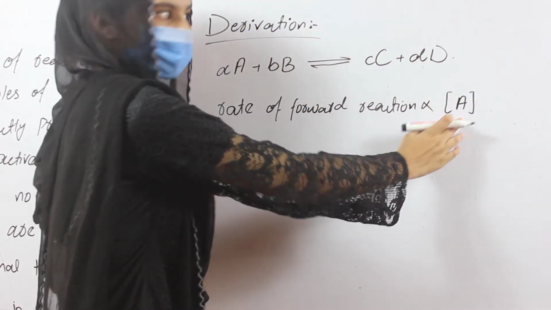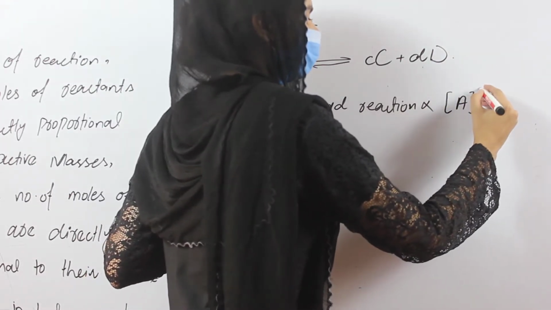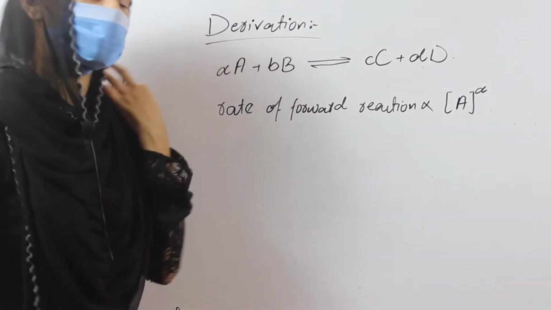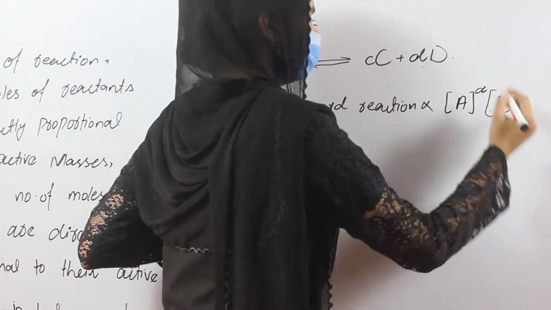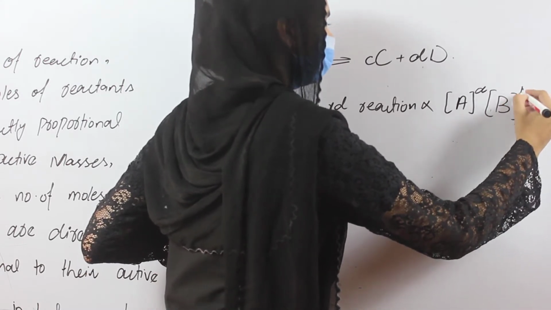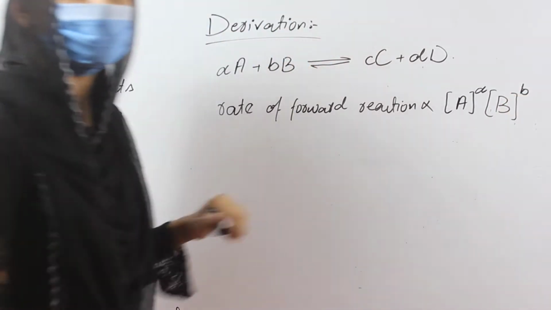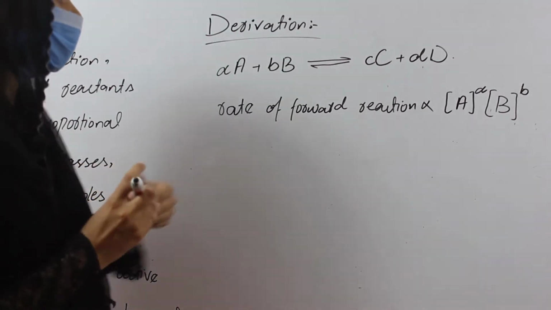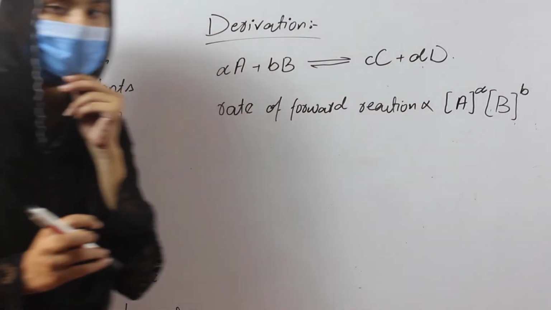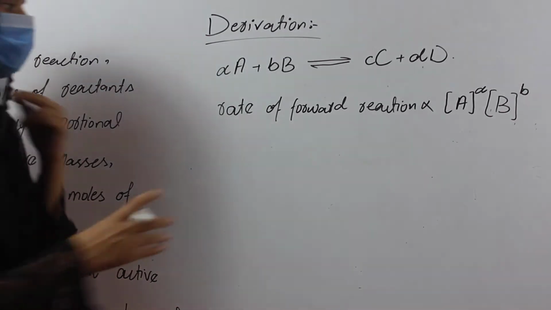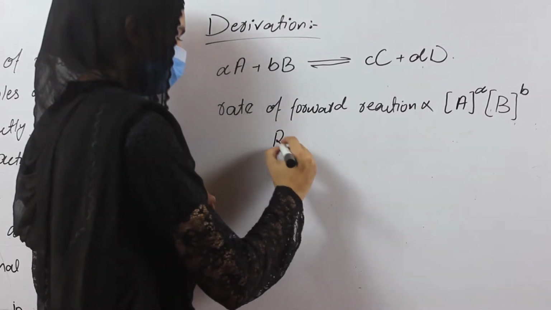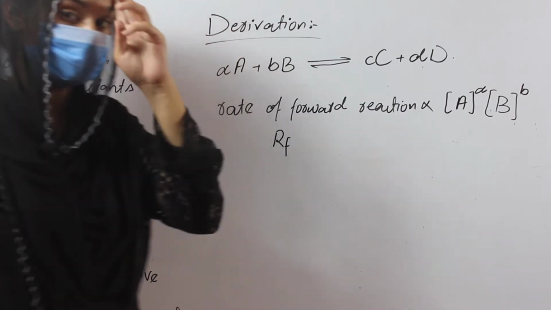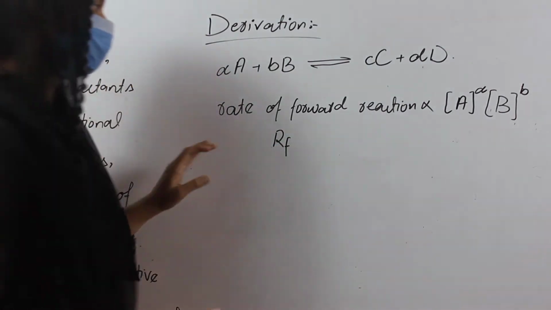A is the reactant, its active mass in brackets, and here we put the number of moles. B is the reactant, the brackets are its active mass, and the small b is its number of moles or coefficient. When we change the proportionality sign to equal, in place of the rate of the forward reaction we write RF, the representation of the rate of the forward reaction.